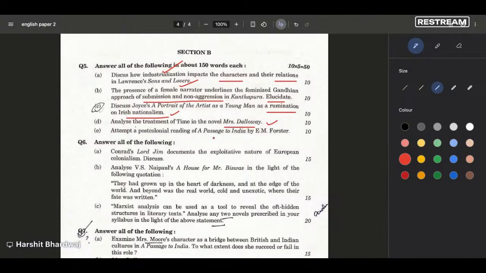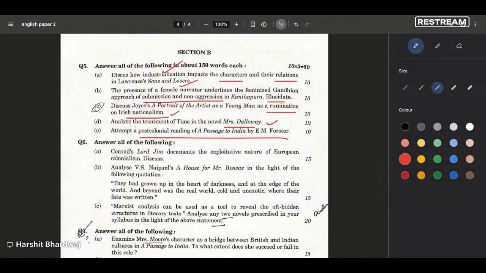Treatment of time. Post-colonial reading, as straightforward as it can get. When you do A Passage to India, this is the first concept we do, a post-colonial reading of A Passage to India. So what is a post-colonial reading? The quickest way to help you understand it is: how does a text show the impact of colonialism on the natives?